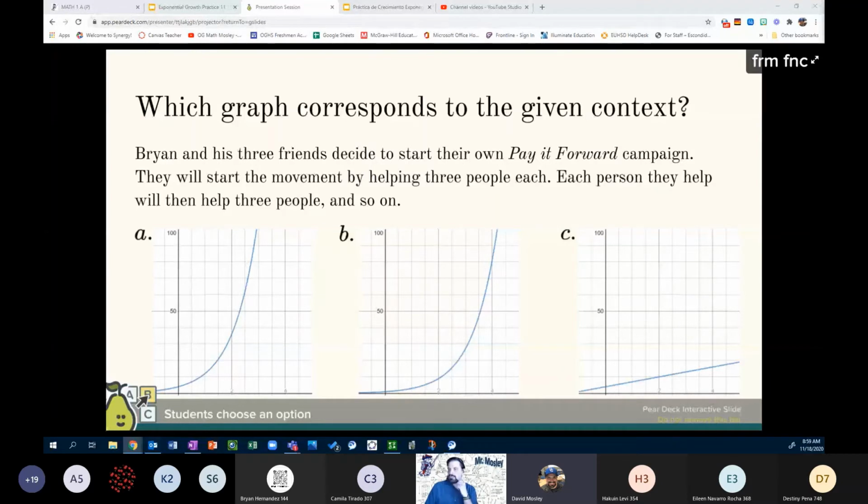So Nicholas, you're saying what Eileen said is why you chose graph B? The rate wouldn't be straight, correct? Yeah. This is an exponential growth function, so we should be choosing between A and B.